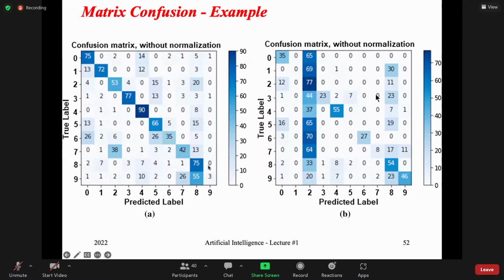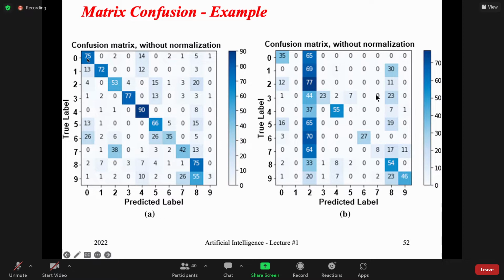In this example there is a normalization, so that is in percentage, and the maximum is 100%. Here it's without normalization, so it shows how many times we obtain this one and so on. Generally we use the confusion matrix with normalization. Excuse me, there is a mistake here.